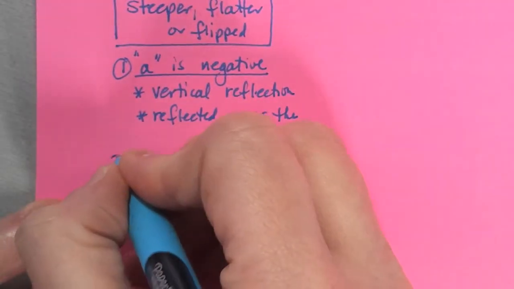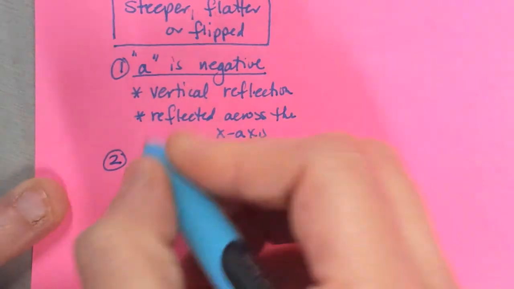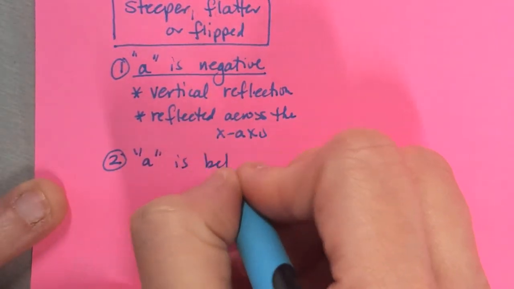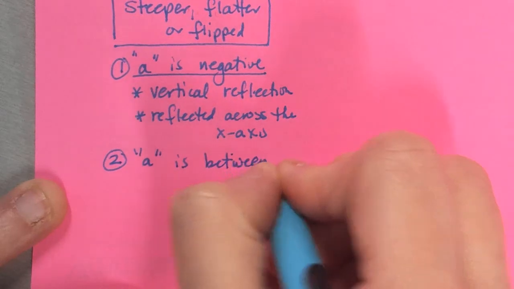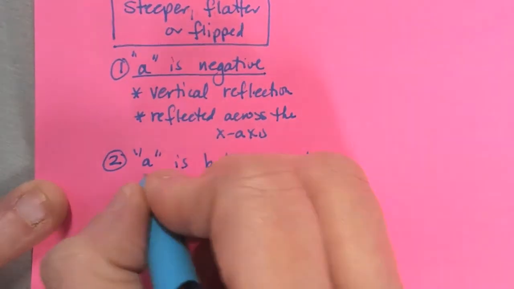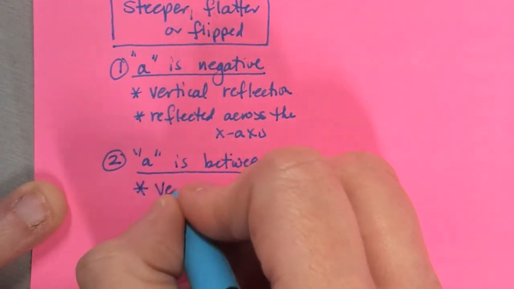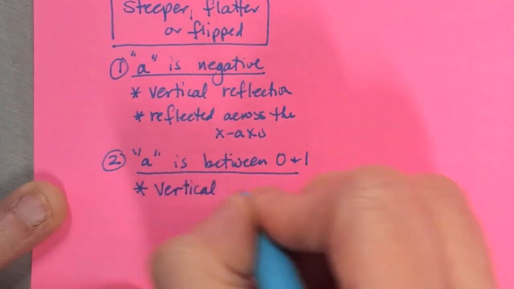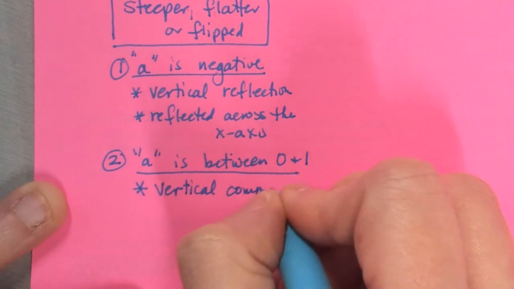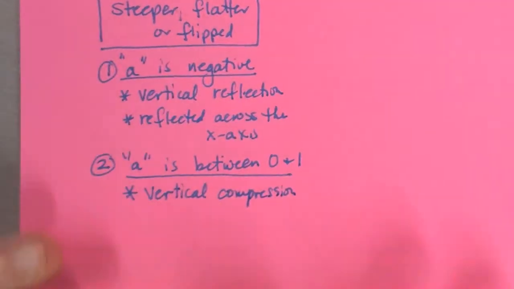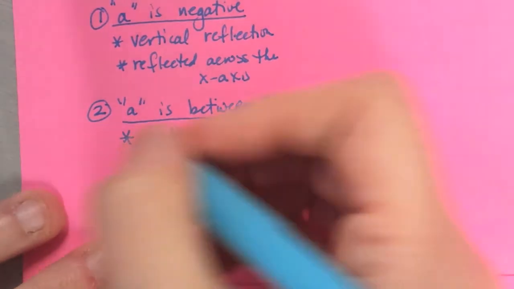The second possibility that we learned about today is that A might be between 0 and 1. Okay? In that case, you have a vertical compression, which means it got squished. It's like the pneumatic press videos.